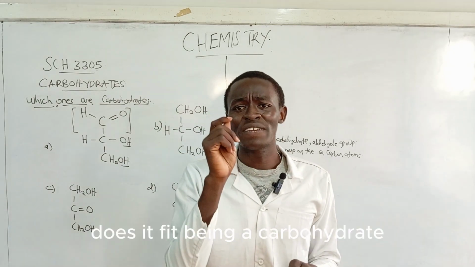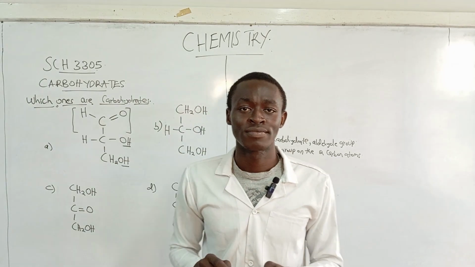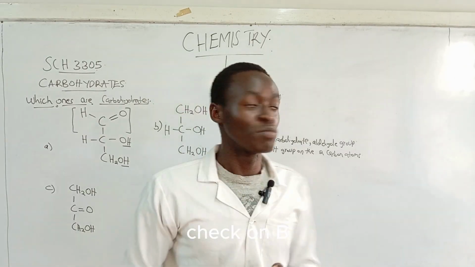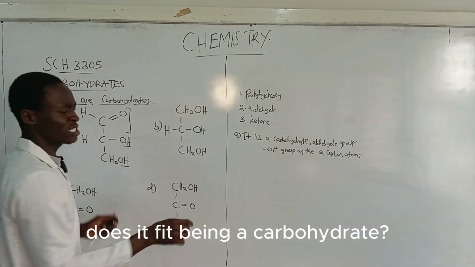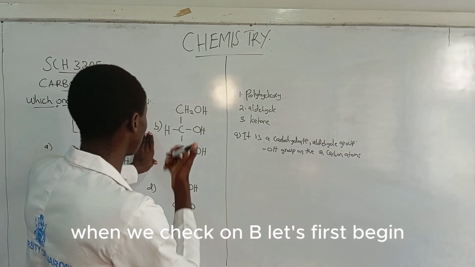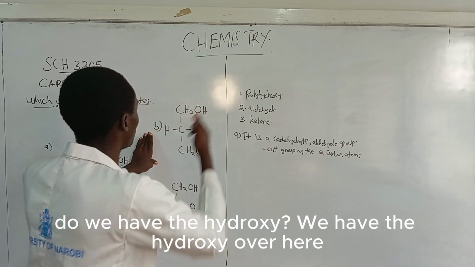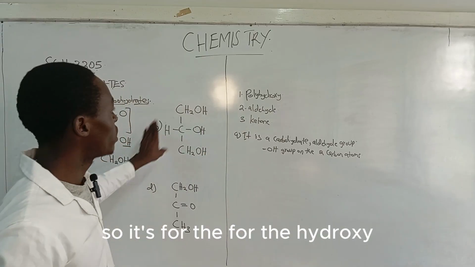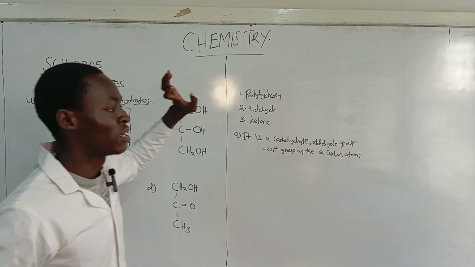So B, does it fit being a carbohydrate? Let's first begin. Do we have the hydroxy? We have the hydroxy over here, the hydroxy over here, and the hydroxy over there. So for the polyhydroxy, it fits that.